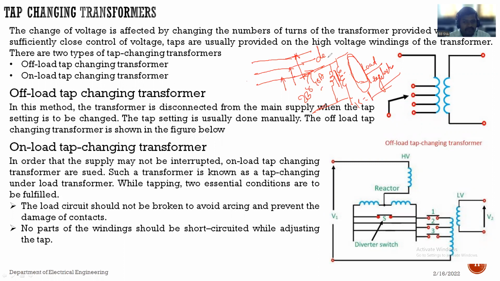What happens if 230 volt is applied to the primary, how much voltage will we get at the secondary? The transformation ratio K is equal to 1. V2 divided by V1 is equal to N2 divided by N1, which is equal to K. The value of K is 1. The primary voltage is 230. How much will the secondary be?